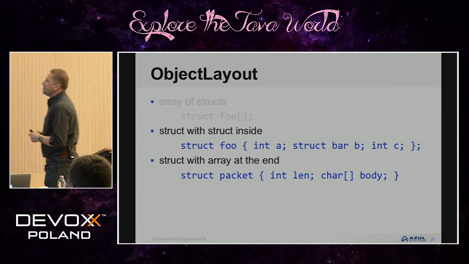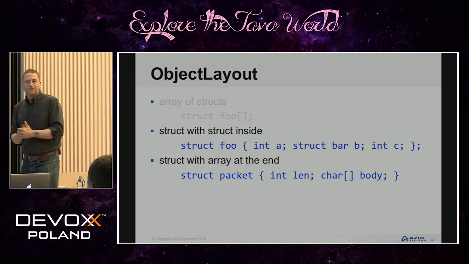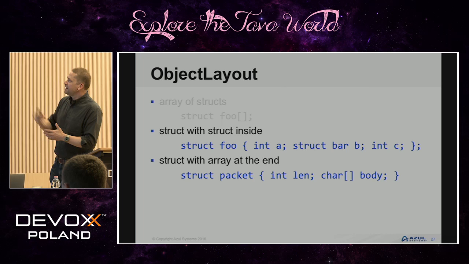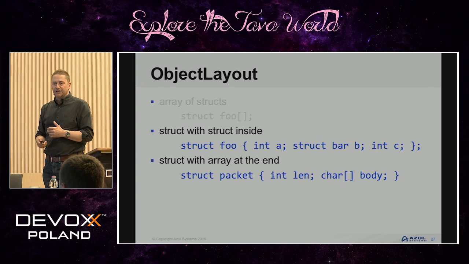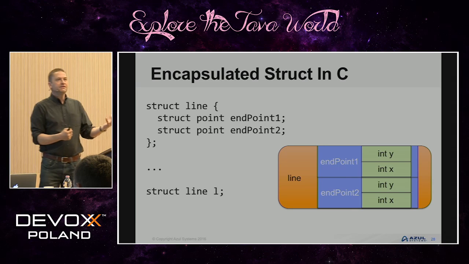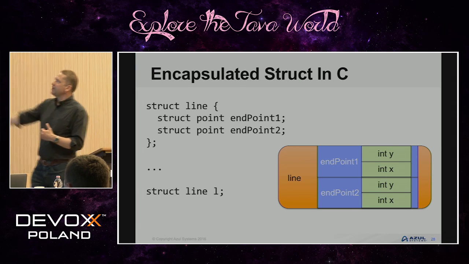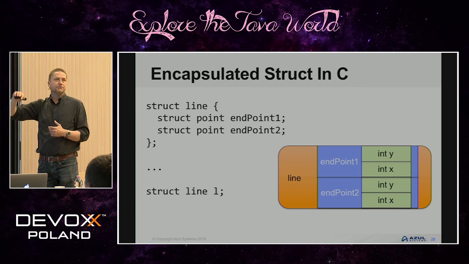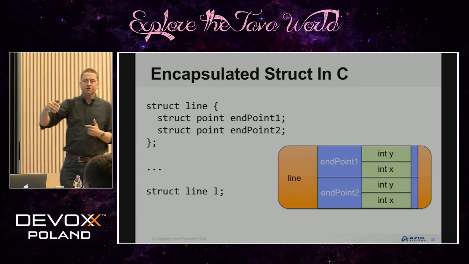So let's look at the other ideas of object layout, which is having a struct with a struct inside it and a struct with an array at the end of it. Again, let's go back and look at how this works in C. If I want to create something like a line, I'm going to have a struct which contains two structs, struct within a struct.